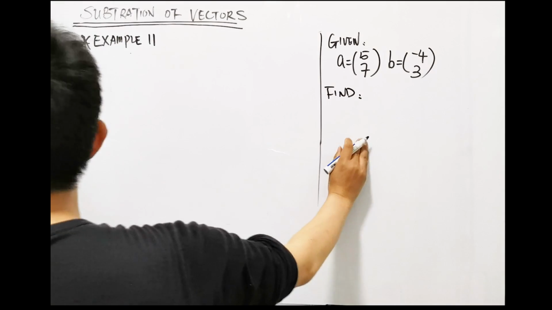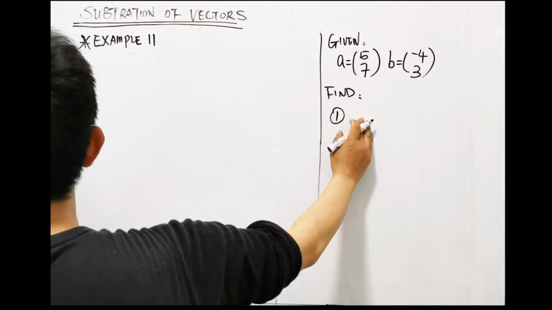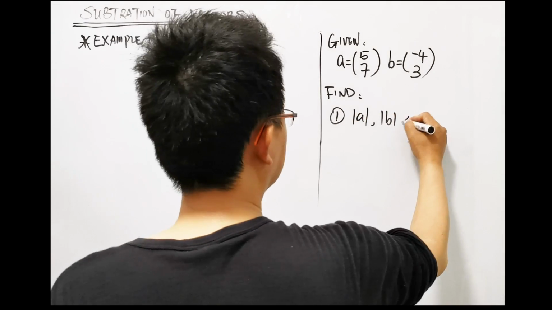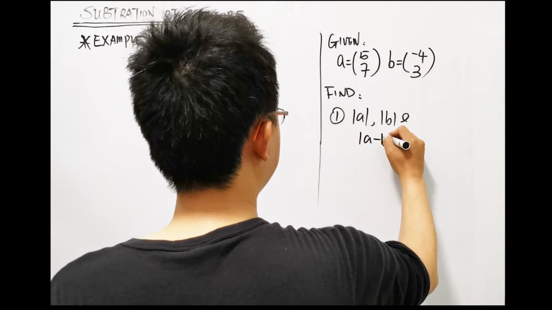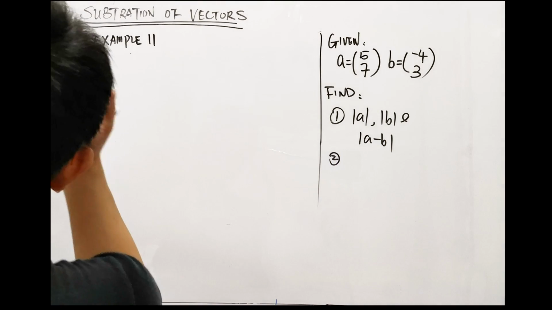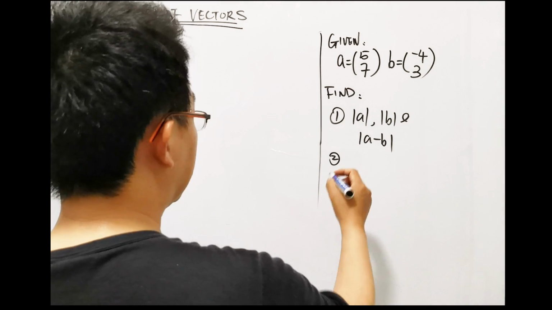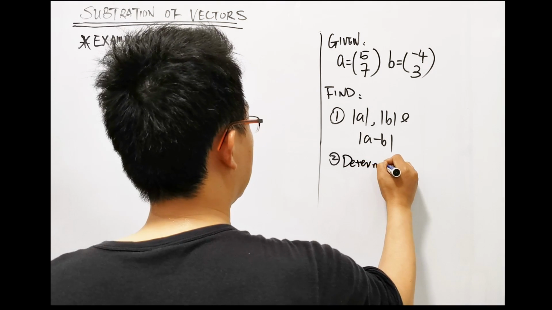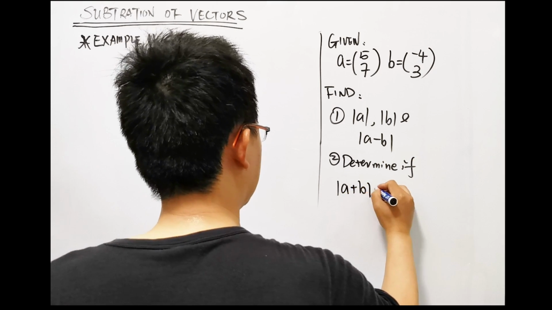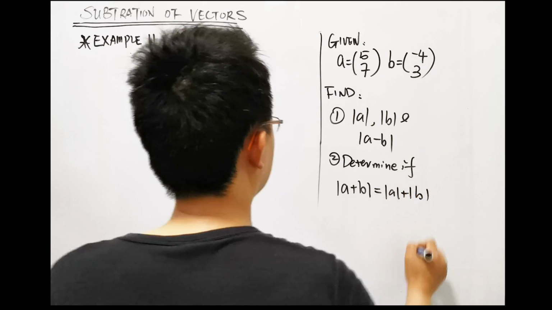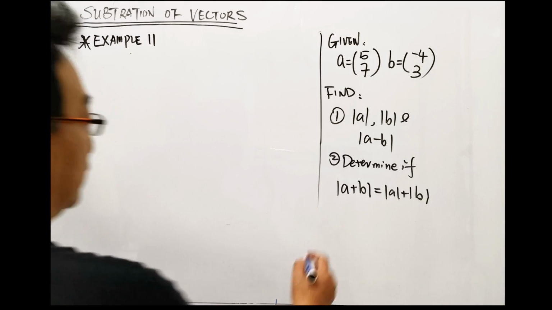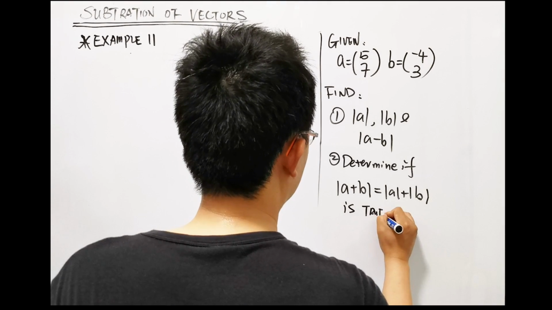So what's the question? Question number 1 is find the magnitude of A, B, and A minus B. The second one is to determine if the magnitude of A plus B equals the A's magnitude plus B's magnitude is true.